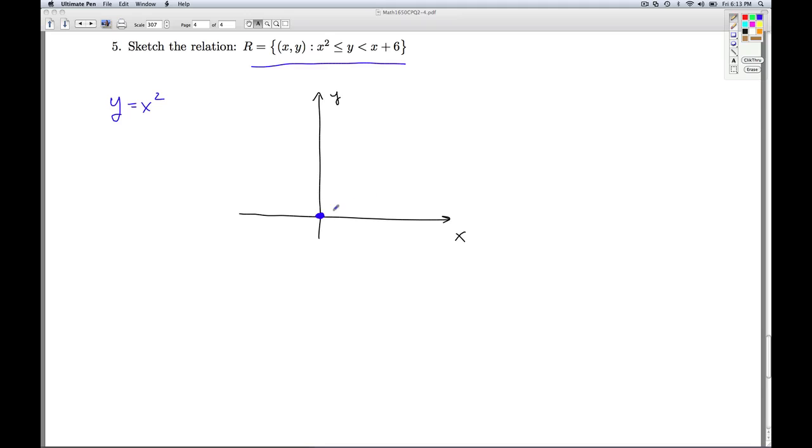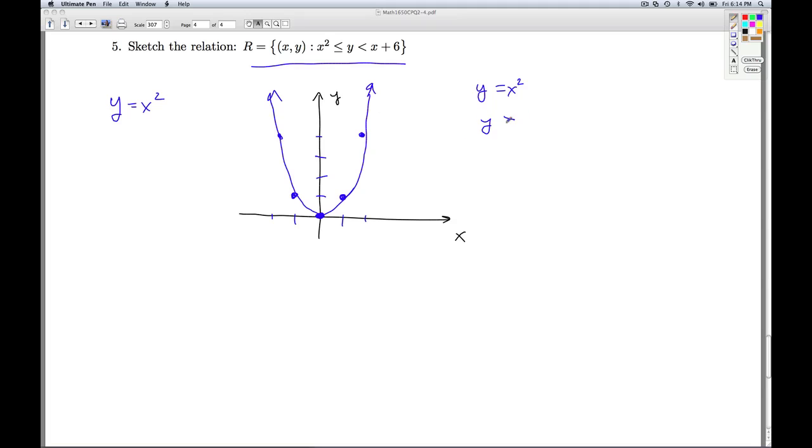And to get a good graph, we can plot a couple of points: (1, 1), (-1, 1), (2, 4), (-2, 4). So that's y equals x squared.